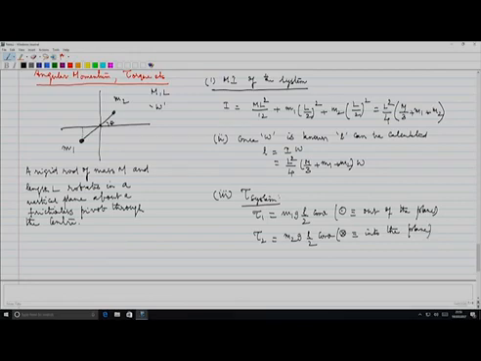Therefore, total torque is equal to half of (m1 minus m2) into L cos theta. So this will act out of the plane if m1 is greater than m2, and into the plane if m1 is less than m2.